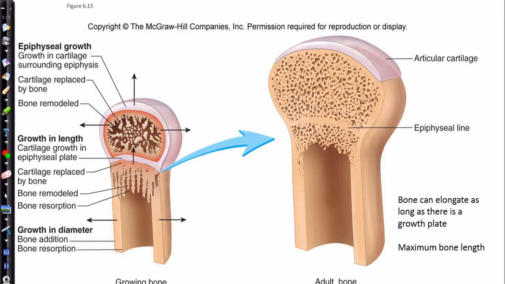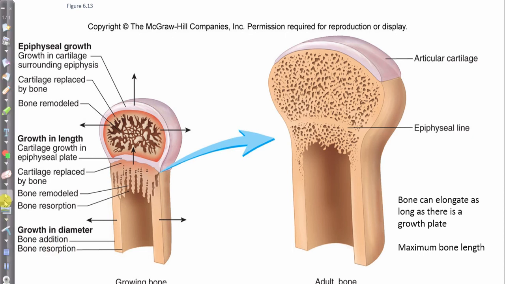In fact, we associate for most people, females somewhere between about 18 and 22 have reached their maximum height because there's no more growth plate present. For males, it can go as late as into the early 20s, 23, 24. But whenever we see an epiphyseal line, that means there's no more possible growth of that long bone.